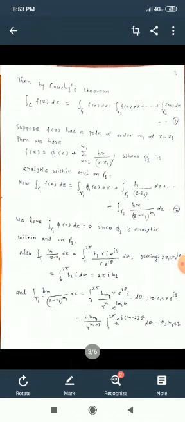This equals i b_m1 upon r power (m1 minus 1) times integral 0 to 2 pi of e power minus i (m1 minus 1) theta d theta, which is equal to 0, since m1 does not equal 1.